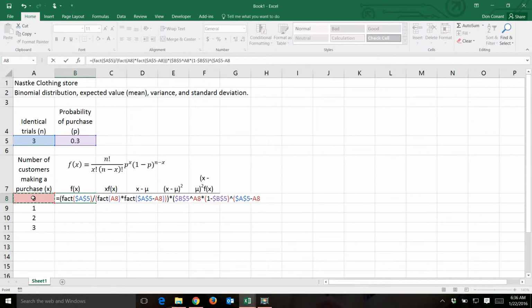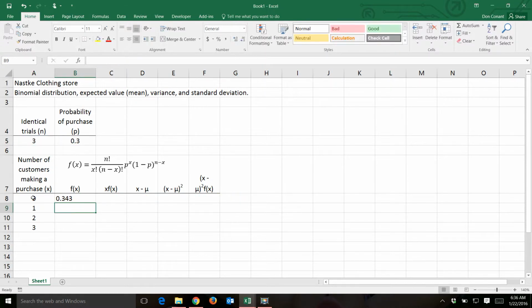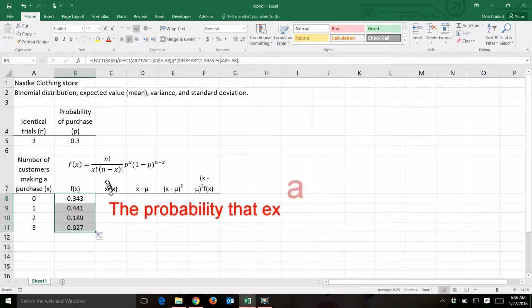Leave that relative, so when I copy it down, it works. There's my denominator. I press enter. I get 0.343. I'll center that and then copy that down, and there are my probabilities of each level, number of customers making a purchase.